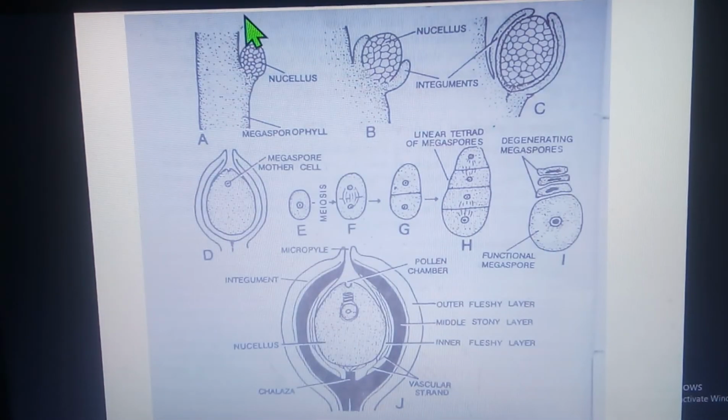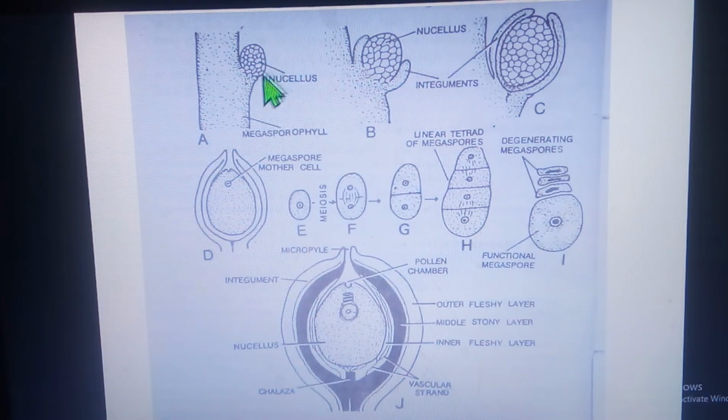Let's take a look here. This is the Megasporophyll, and this is how the ovule develops. It arises from a group of epidermal cells. That is, the development is of eusporangiate type.